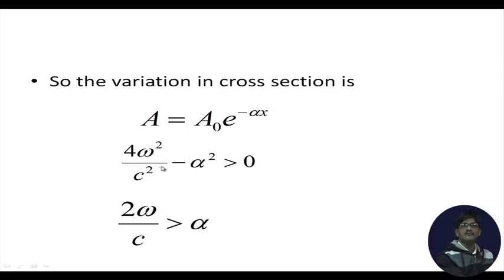So naturally, if you arrange the terms, ultimately it boils down to: if twice omega by c is greater than alpha, in that case you can have sinusoidal motion, vibration, cyclic motion, periodic motion.